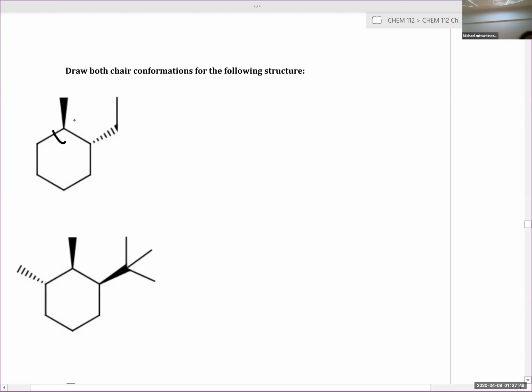First and foremost, we have a wedge. So this is axial up. We're going to start counting axial, equatorial, axial, equatorial. Now we're going to count in a different color for our dashed: equatorial, axial, equatorial, axial.